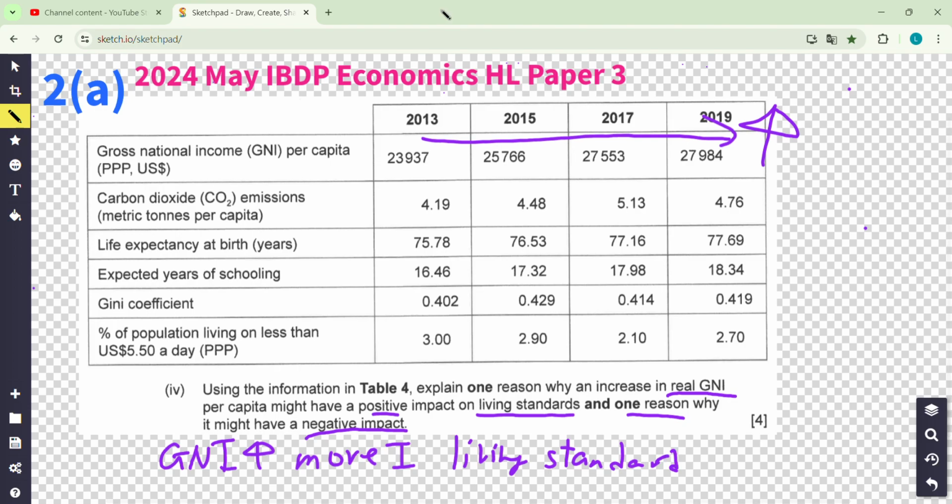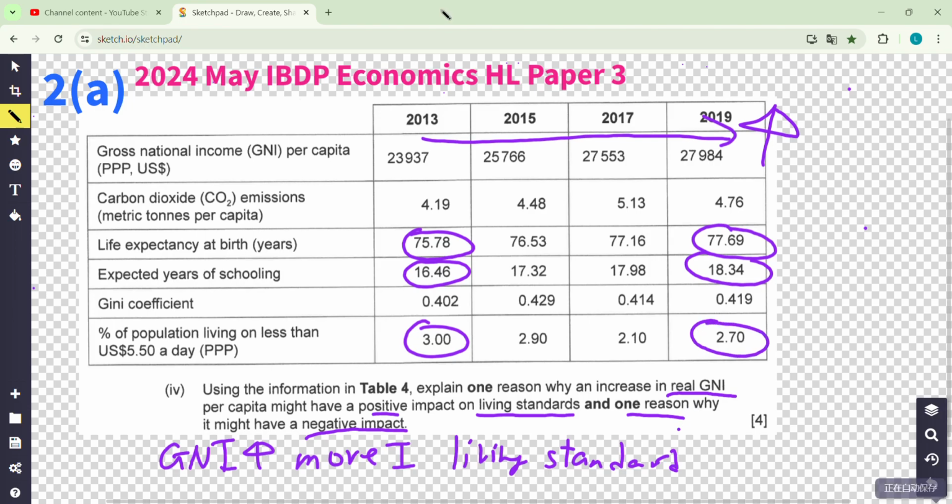It is supported by the data, remember the cohort data. Life expectancy increases, expected years of schooling increase because of more money, and the percentage of people in poverty decreases. They are good signs.